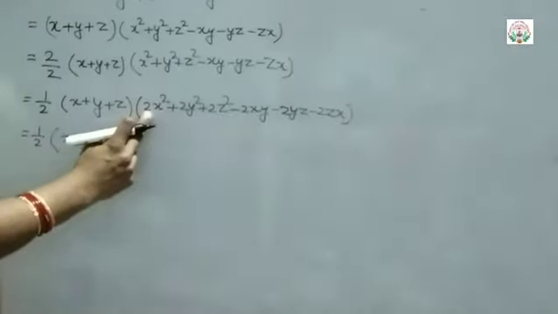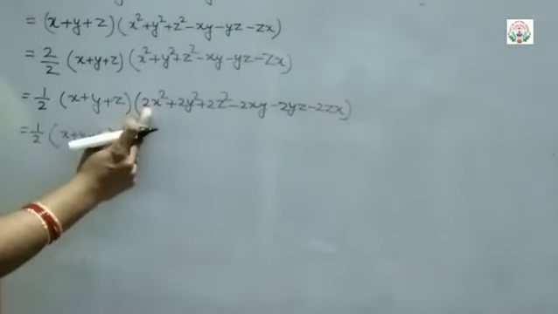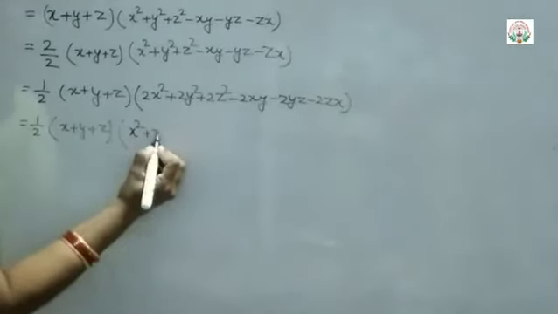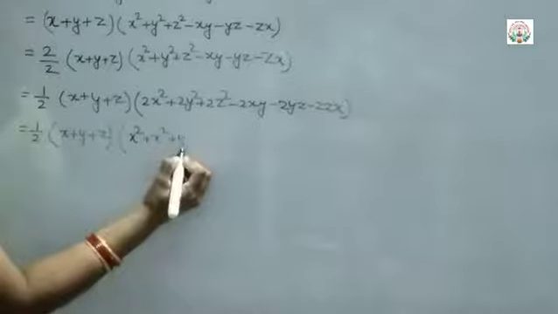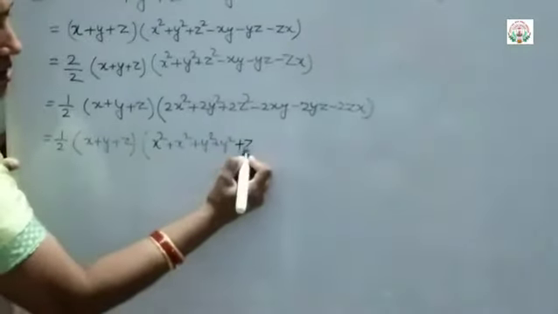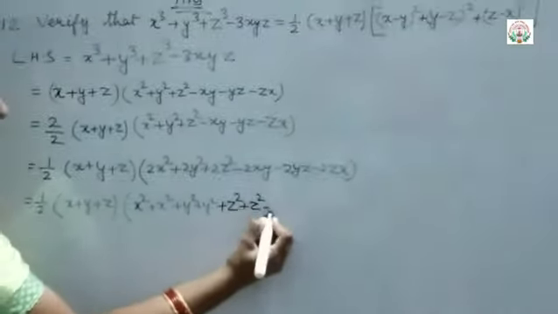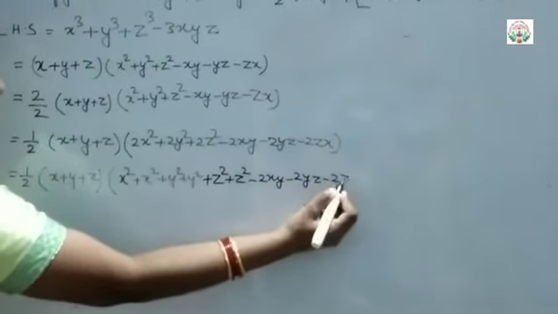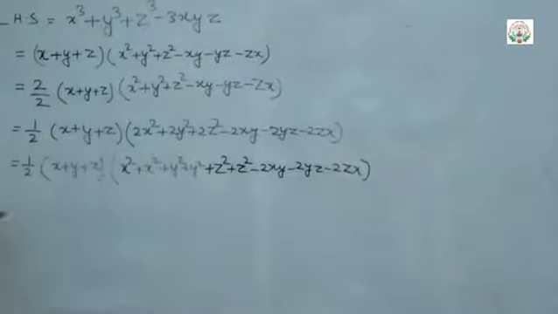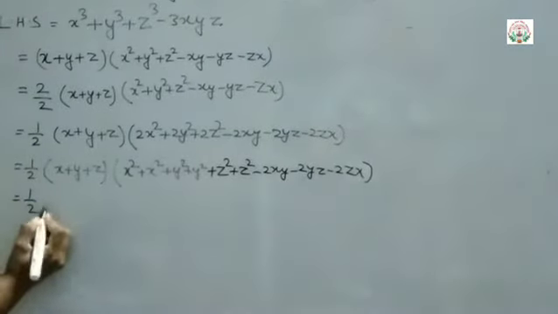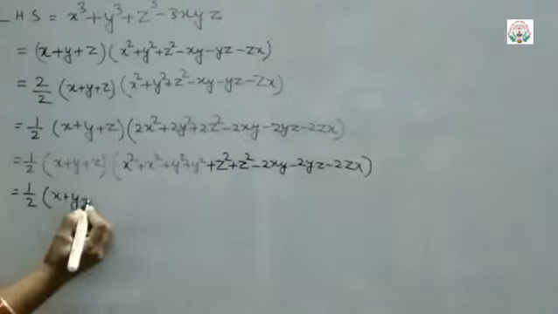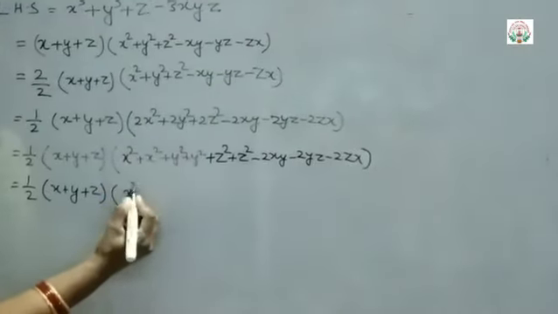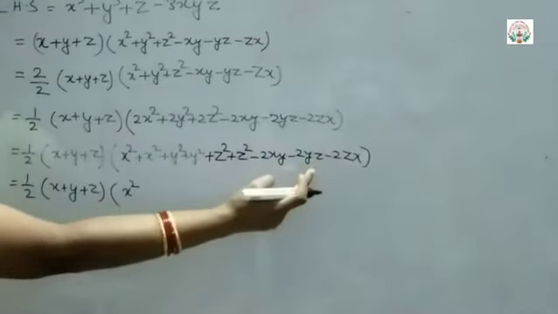This 2x square I can break into x square plus x square, then y square plus y square, then z square plus z square, minus 2xy minus 2yz minus 2zx. This way I can write. Now next step, 1 upon 2, then (x plus y plus z).